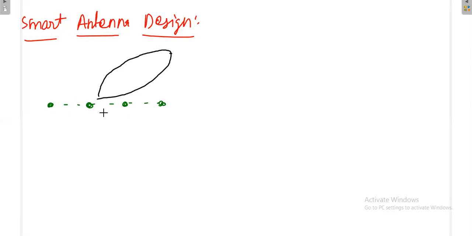By electrically varying the current and phase of these antennas, I am going to change the direction of maximum radiation.